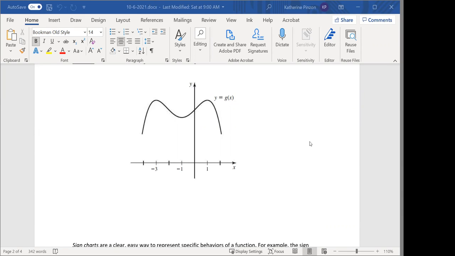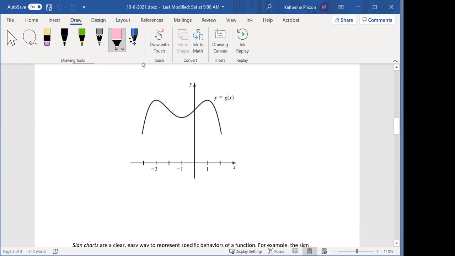The slope. So when this function is going up from negative infinity until -3, the derivative should be what kind of number? A positive number. When this function is going up, the derivative should be a positive number. So here and here.